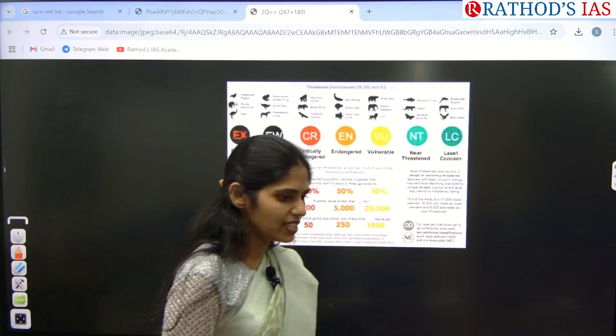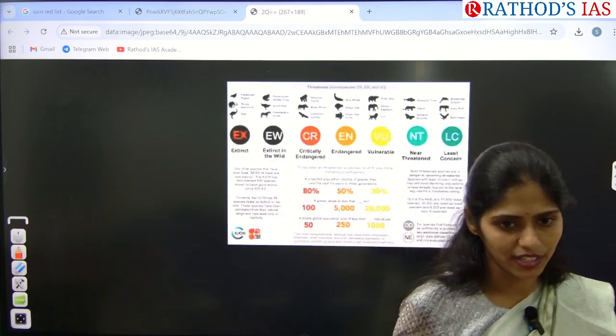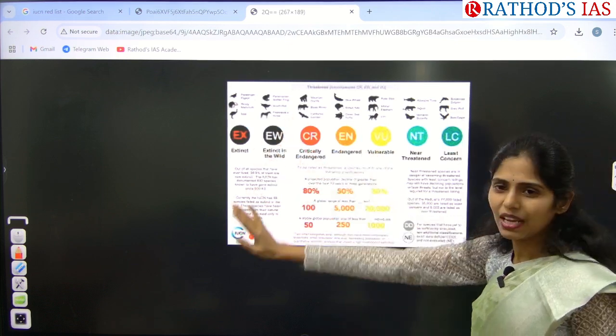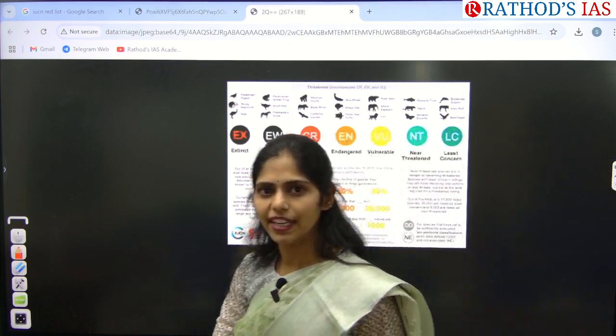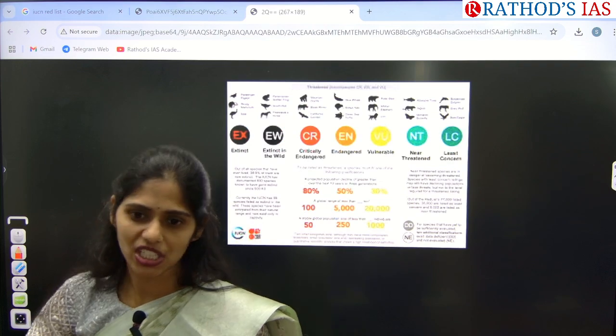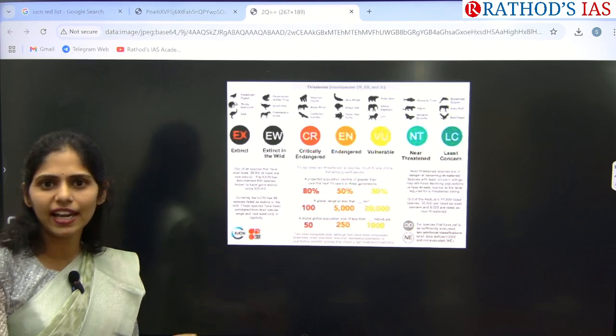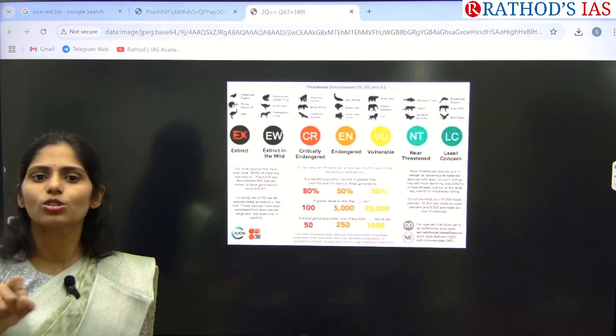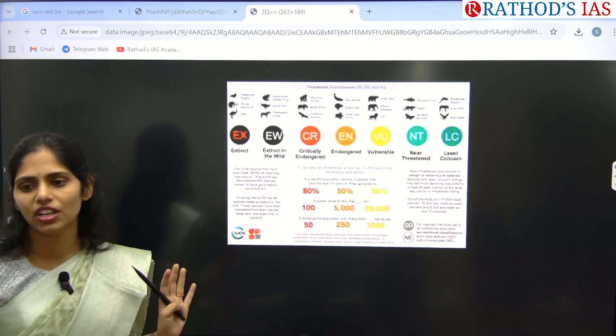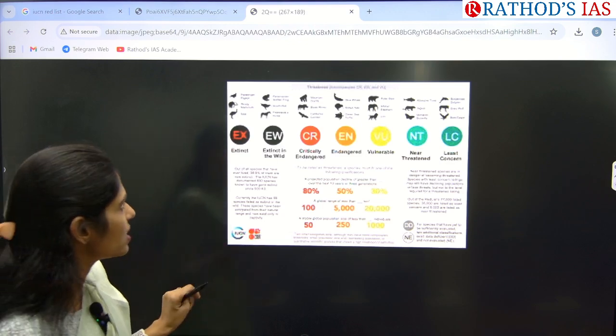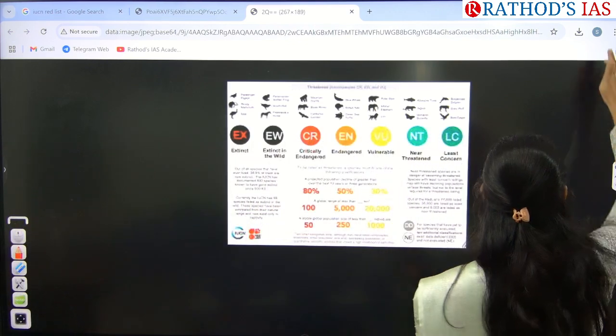Extinct in wild means it is not available in any forest, but it may be available in some areas where we are going for conservation efforts. But extinct means it is extinct in the wild, and that species is not present even in conservation sites. So that is a major difference that you have to see.